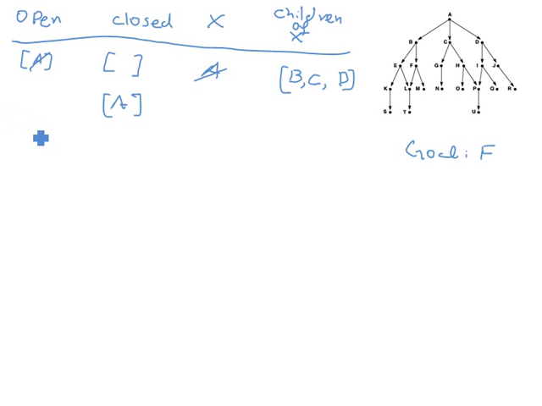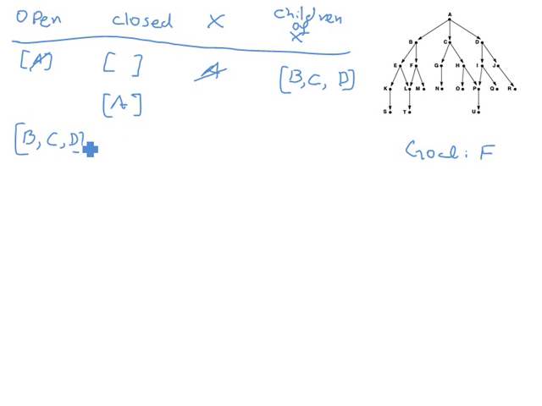So we put these children in list open: B, C, and D. Okay. Right. So at the end of the first iteration, we have open as B, C, D, and closed as A.